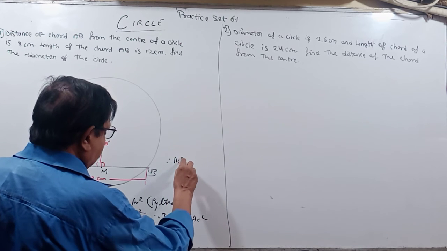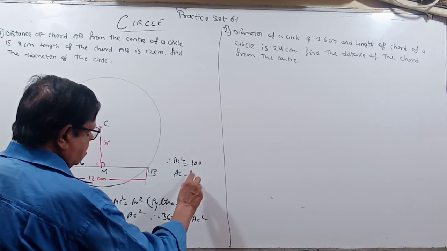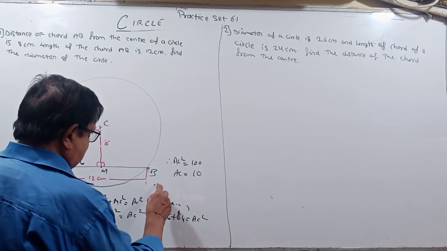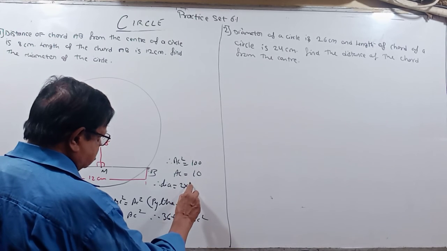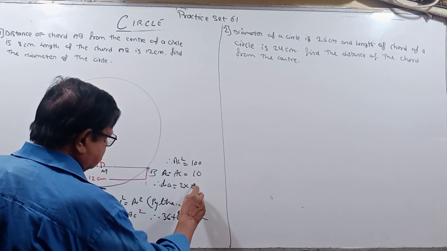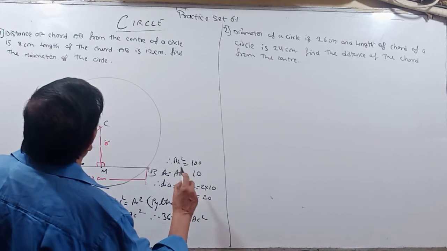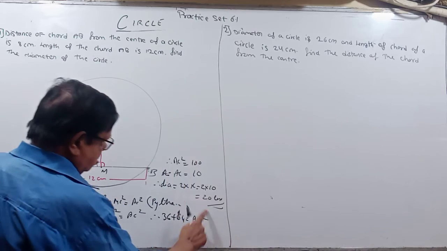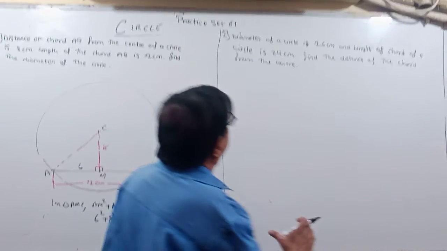Therefore, AC square equals 100. So AC equals 10, square root of 100 is 10. AC is the radius. Therefore, diameter equals 2 times radius, 2 into 10 equals 20 centimeters. Okay, easy. We'll go to the next one.